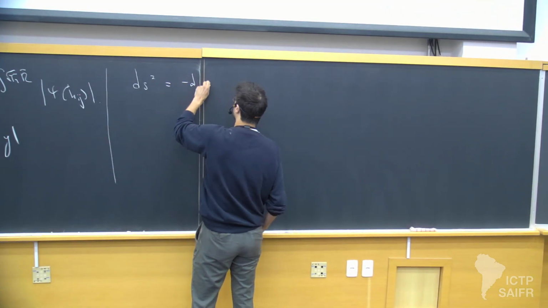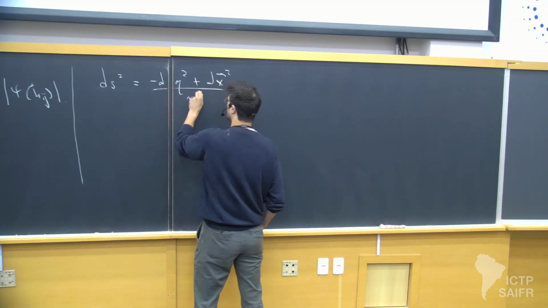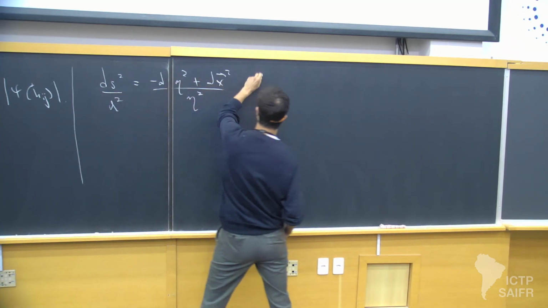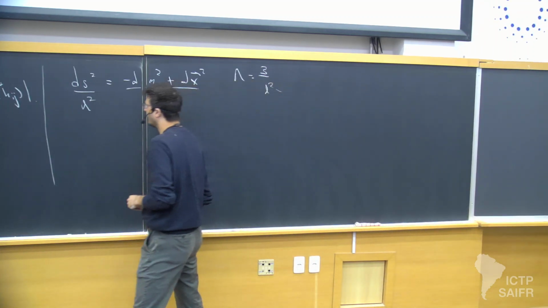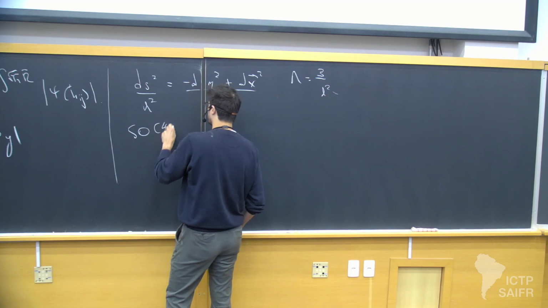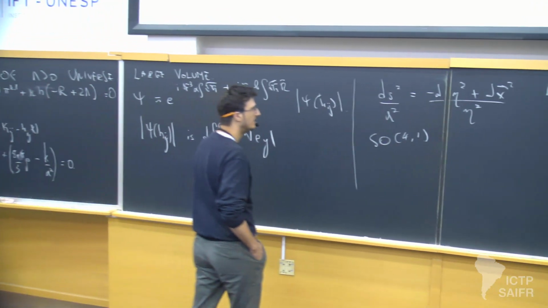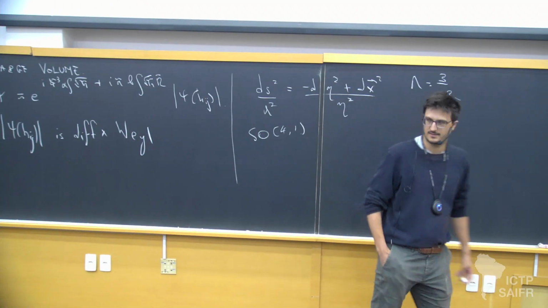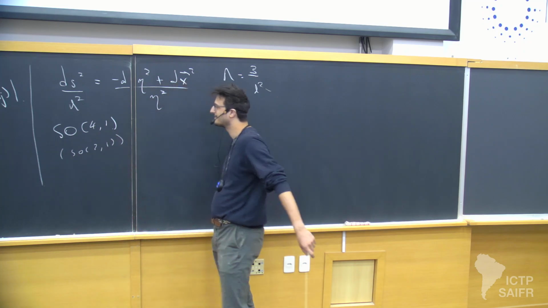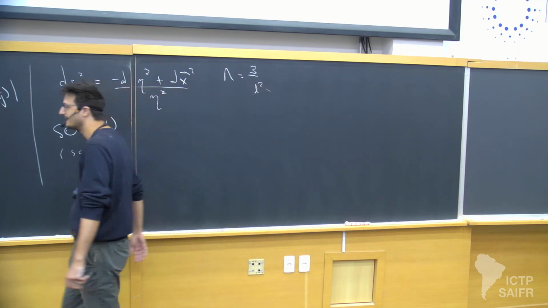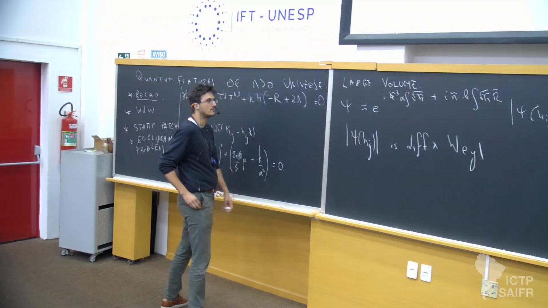Recall that the expanding patch was this object over here, over L squared, where lambda was 3 over L squared. This rather large maximal isometry group, 10 generators, SO(4,1). We discussed some aspects in a simplified version, SO(2,1), of the representation theory of SO(4,1), the unitary irreducible representations that helped us partition the field theoretic Hilbert space.